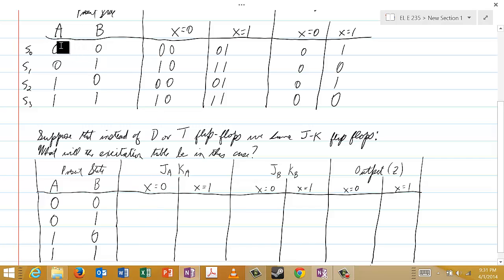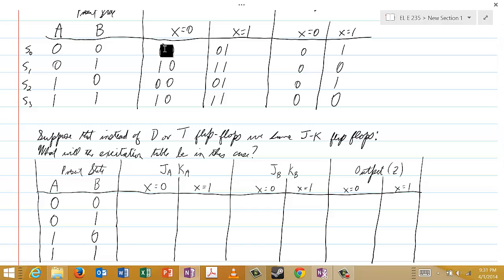Okay, well, in the first case here, the present value of A is equal to 0, and the next value of A is equal to 0. This is in the x equals 0 column. Again, present value of A is 0, next value of A is 0. Now, if A is the output of a JK flip-flop, how can that happen?